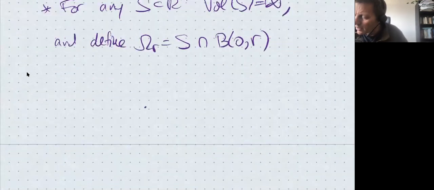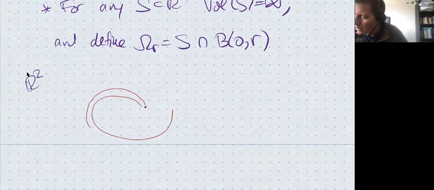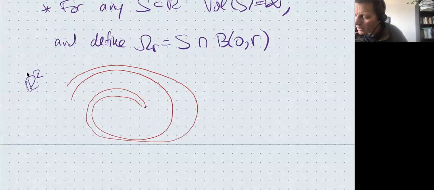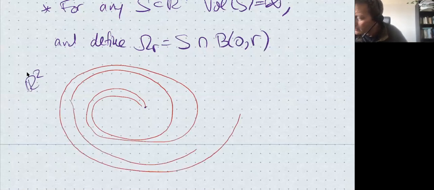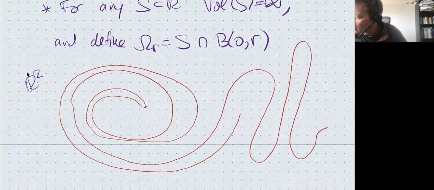Here we are in R^2, and we have maybe some kind of crazy looking set with infinite measure.